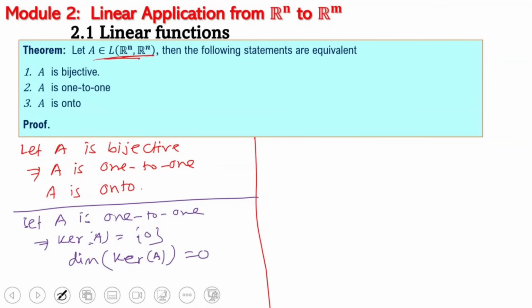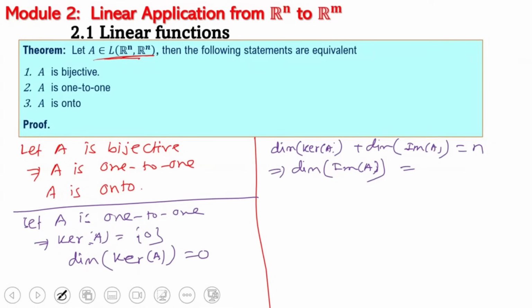Now by the properties we have that the dimension of the kernel of A plus the dimension of the image of A is equal to n. So if it is 0, this implies the dimension of the image of A is equal to n.